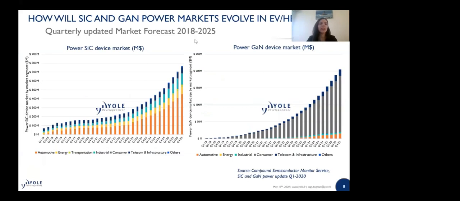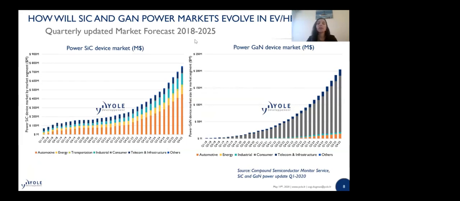On the left, you will see the power SiC market split in terms of applications. And what you see in orange, the automotive applications, is really expected to dominate the silicon carbide market over the next 5 years. And when you have a look at gallium nitride, we see that there will be a penetration in the automotive market in some small volumes, let's say, starting from next year.